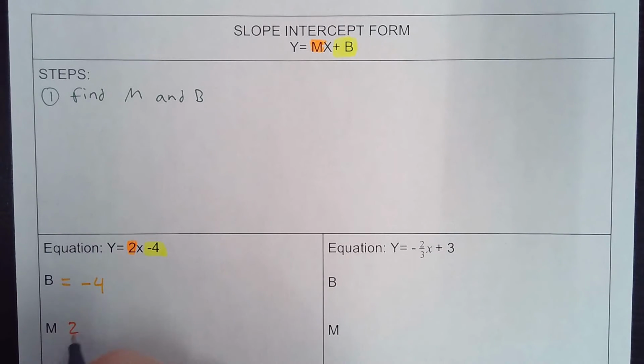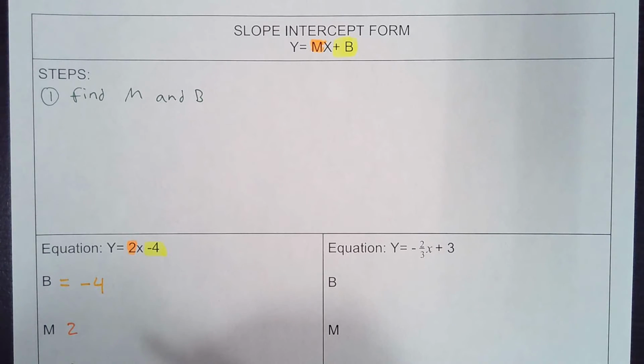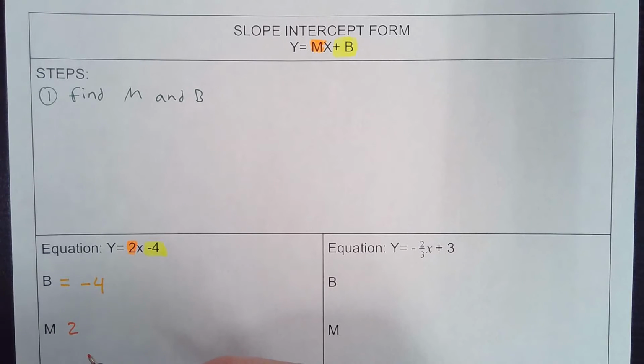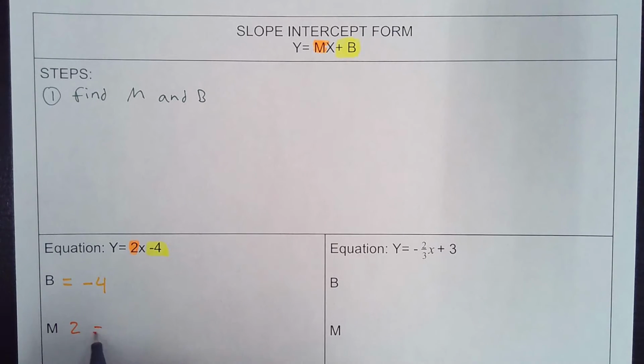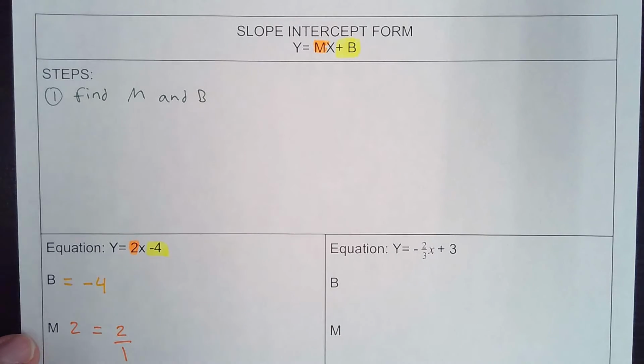2. Now usually we want m to be a fraction, or we do want m to be a fraction. That's how we graph it. So if we do that, we have a whole number here. To turn a whole number into a fraction, we're just going to write it as 2 over 1. So that's our m and b. Let's do the same thing with our next equation. So m and b. Which one's m?